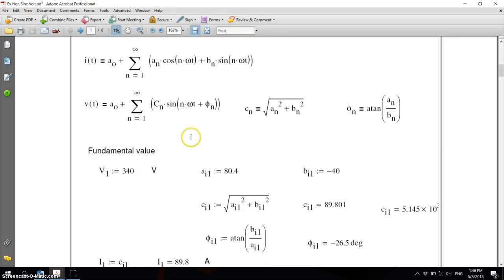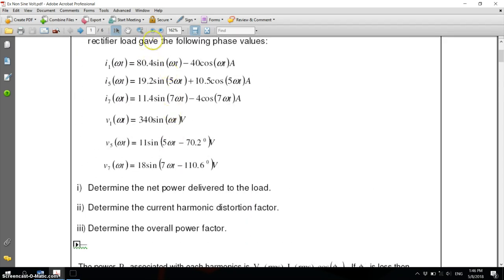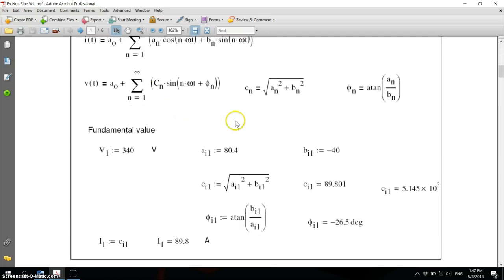That 80.4 is Bn, and minus 40 is actually your An. Yeah? The minus 40 is An, and 80.4 is your Bn. So there's a bit of a mistake in your notes. Please make corrections. So this should be B1 and this should be A1, right?